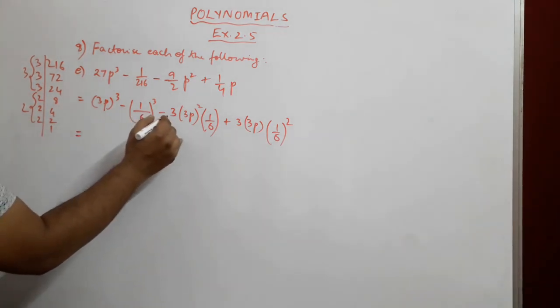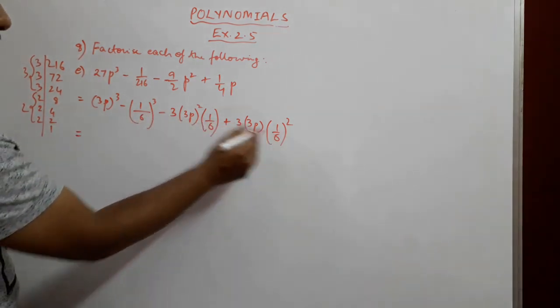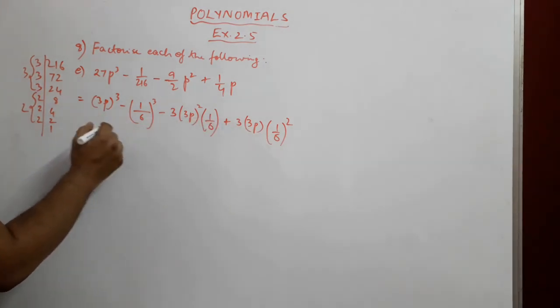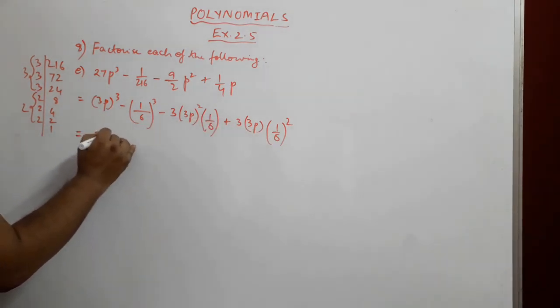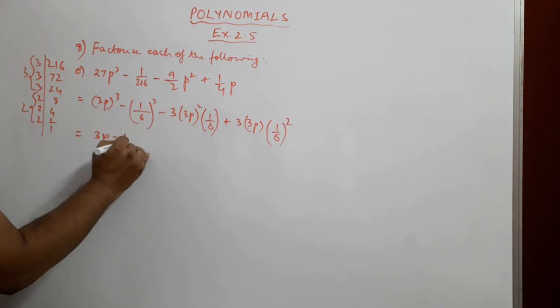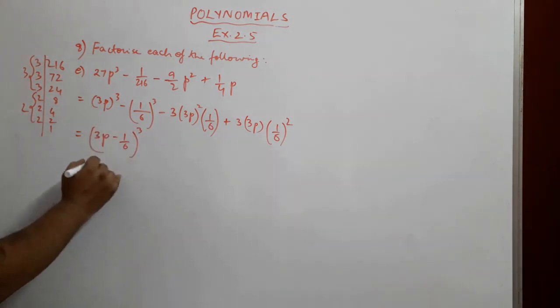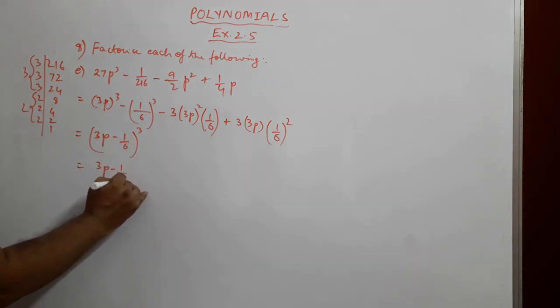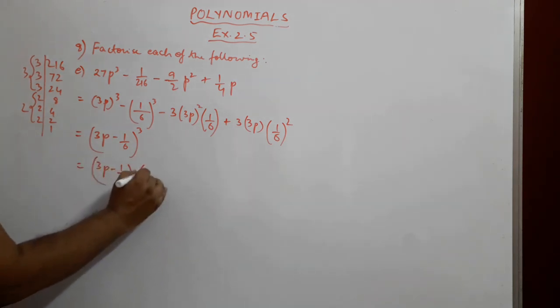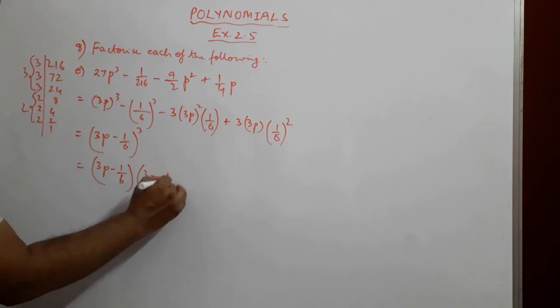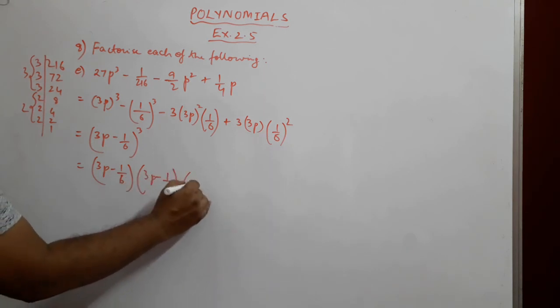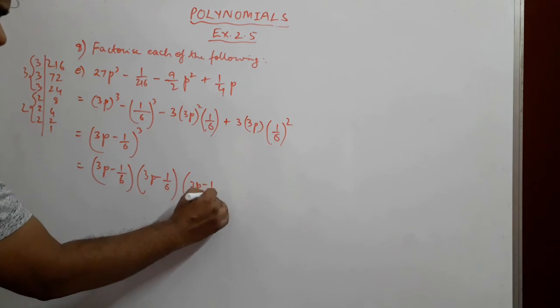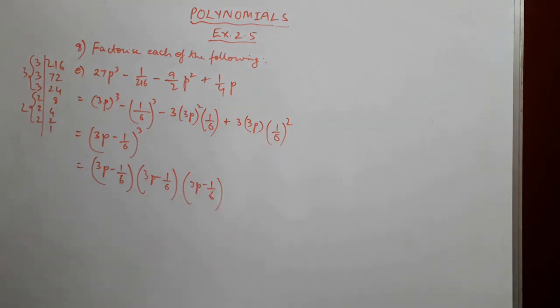In this, once we get this form, we can directly write this as 3p minus 1 upon 6 whole cube, and this can be further written as 3p minus 1 upon 6 into 3p minus 1 upon 6 into 3p minus 1 upon 6. Okay.